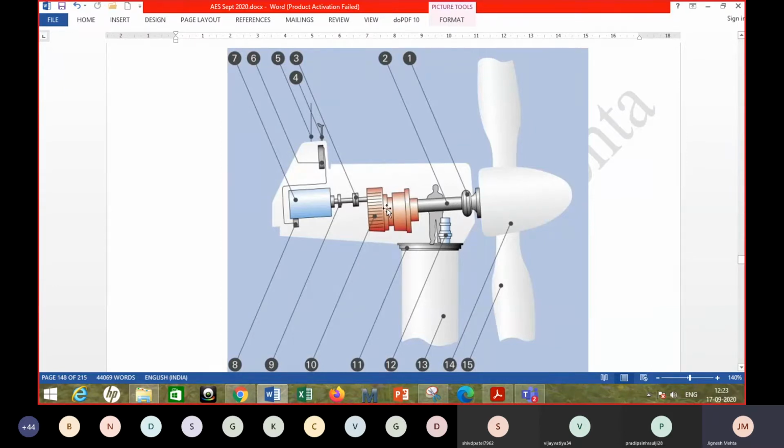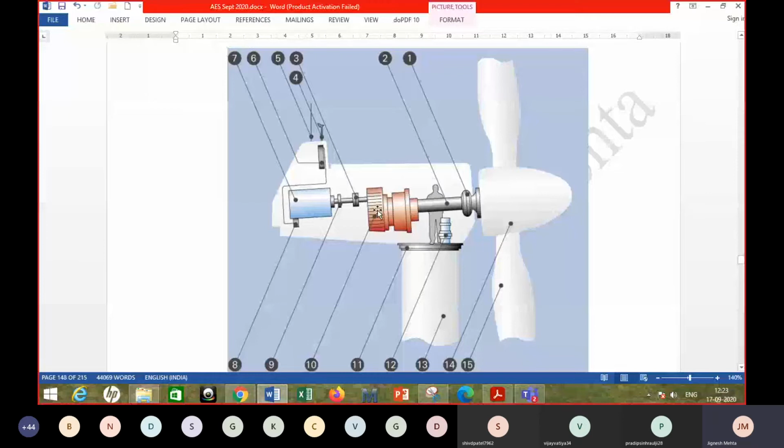Then this 10 is the gearbox. So you are converting the low speed into high speed, which is suitable for a generator, which generally rotates around 1400 RPM. It depends upon the design, but basically it's a high speed generator to which you have to couple this low speed shaft.